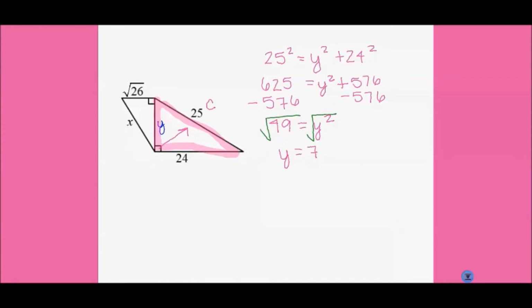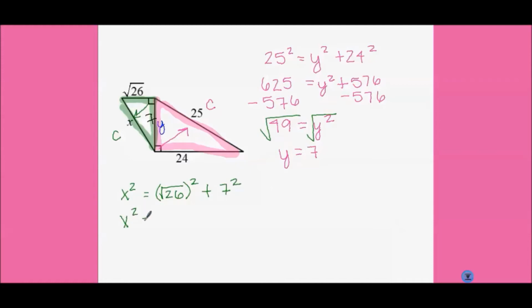So now we can find x squared using this triangle, now that we know that this side is 7. The x is the one that's across from the right angle, so that's C. So x squared equals square root of 26 squared plus 7 squared.